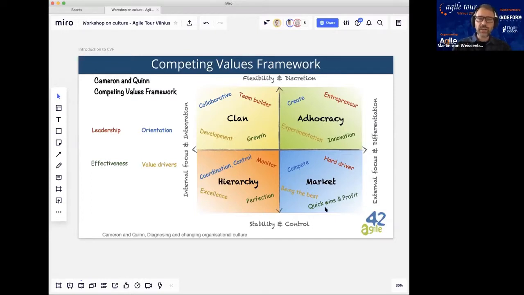The final one is the market here in the bottom right hand corner, and think of it like Coca-Cola, Pepsi-Cola. You are fighting hard for customers, you are fighting hard for every single percentage point of the market. You are competing, and the value here is being the best, having the largest market share.